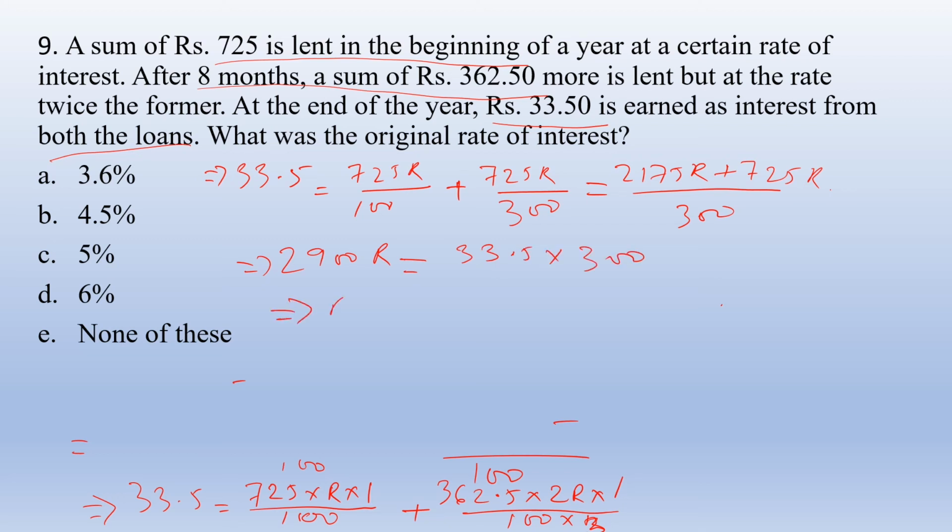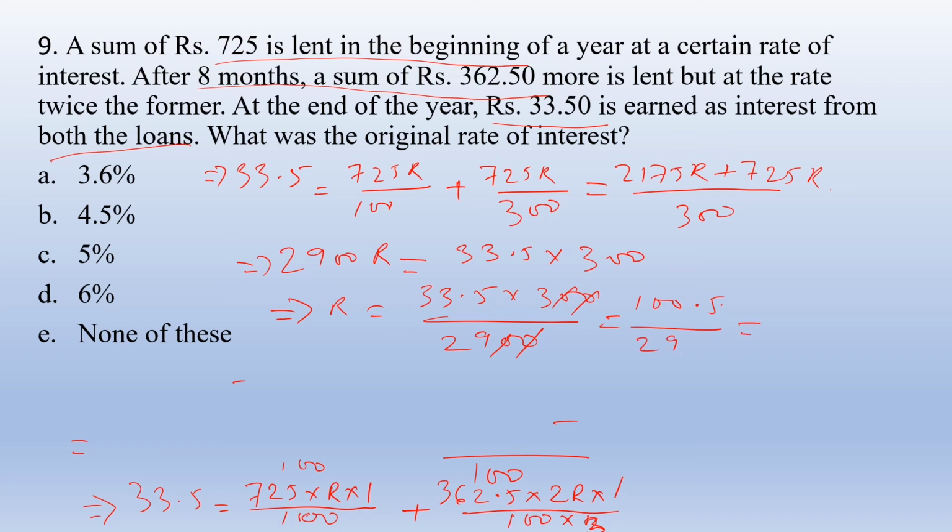From here it follows R is equal to 33.5 multiplied by 300 divided by 2900. This 0 cancels with this 0, and this 0 with this 0. So 33.5 multiplied by 3 is equal to 100.5, divided by 29.